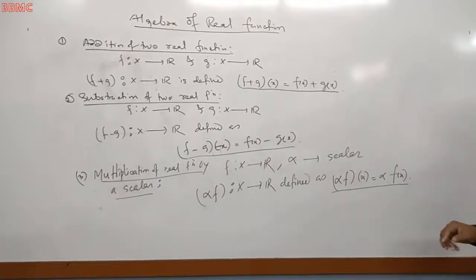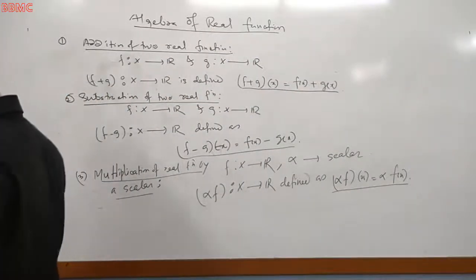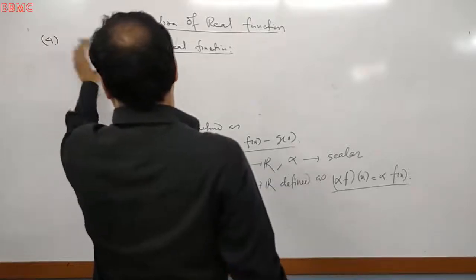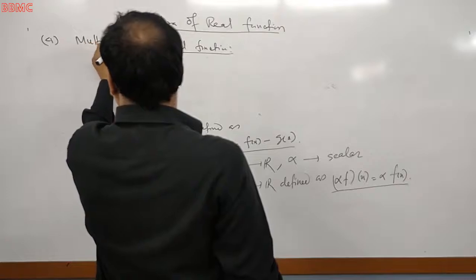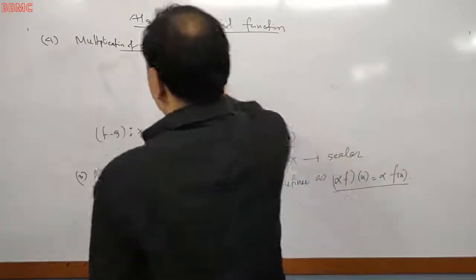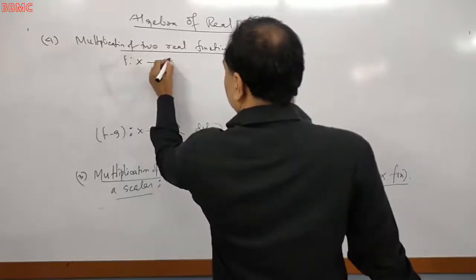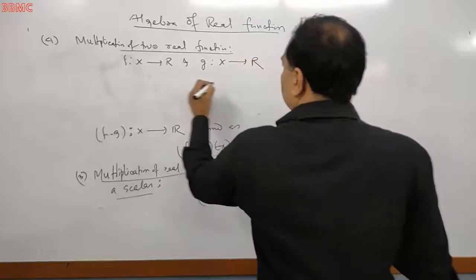This is the definition. Another, we have two more definitions, I think. For multiplication of two real functions, same. Let f be a function from X to R and g a function from X to R, be any two real functions.